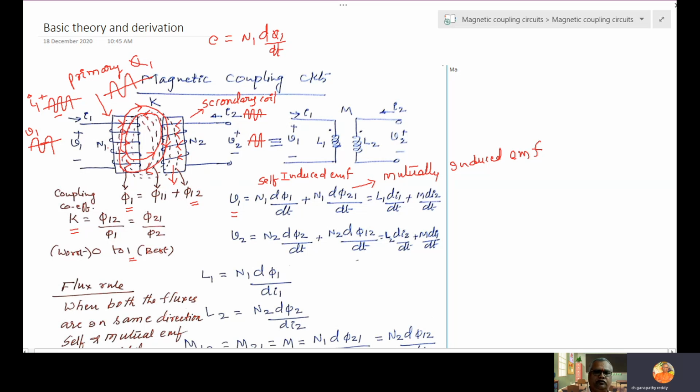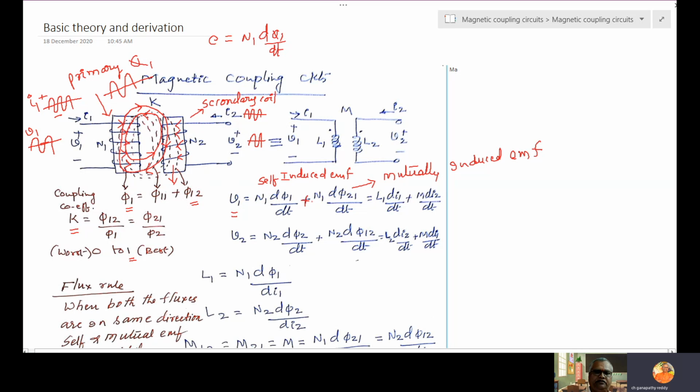So one is self, the second one is mutual, mutual because of V2. Then for the V2 expression, N2 d phi2 by dt is self, and N2 d phi12 by dt is mutual.